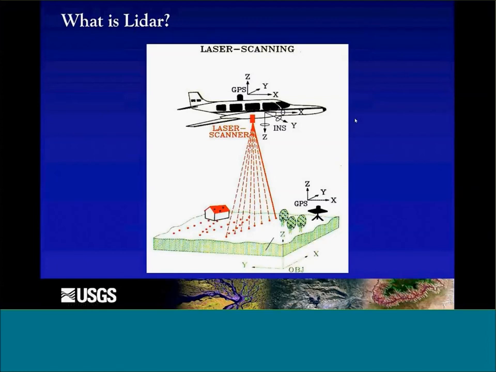A pulse is the emission of the laser from the aircraft, and you may get several reflections back, which would all be ultimately converted into points. So we have a fundamental difference between what a pulse is and what a point is.